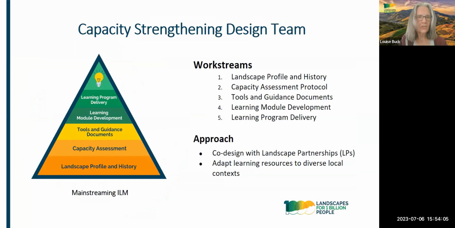So the capacity strengthening design team of 1,000L, which I lead, aims to help mainstream the practice of ILM through an ascending process that defines our team's 5 main work streams.